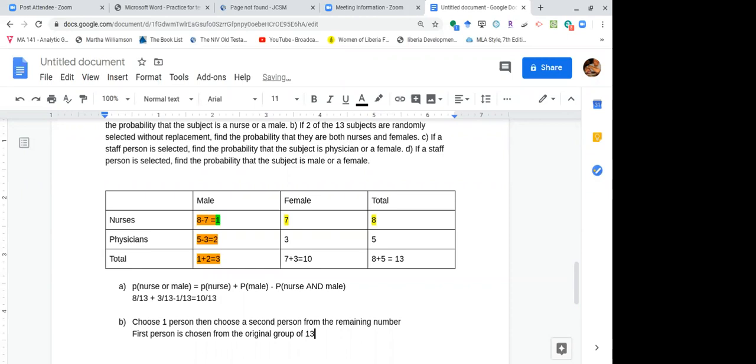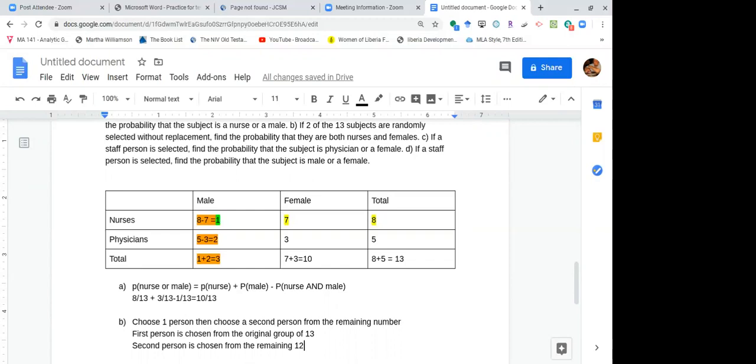The first person is chosen from the original group of 13. The second person is not. The second person is chosen from the remaining 12. Is that clear? So find the probability that if 2 of the 13 subjects are randomly selected without replacement, they're both nurses and female.